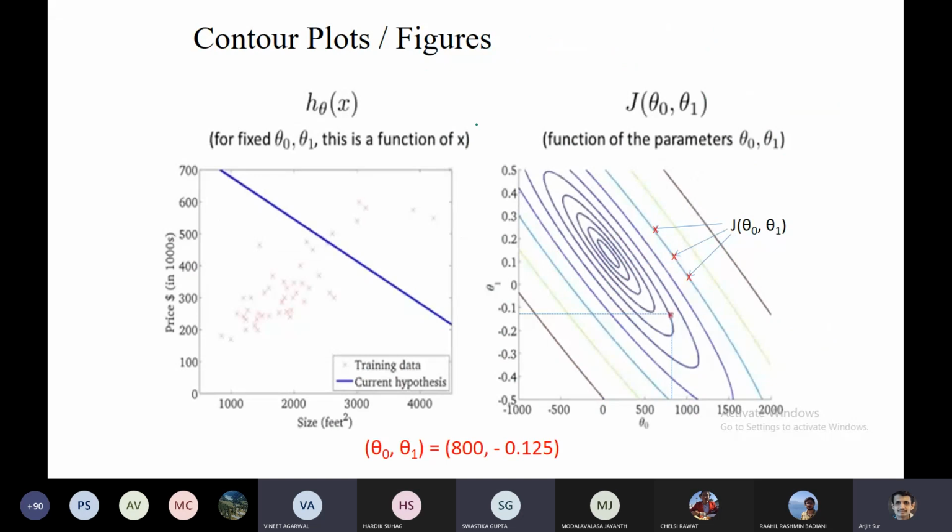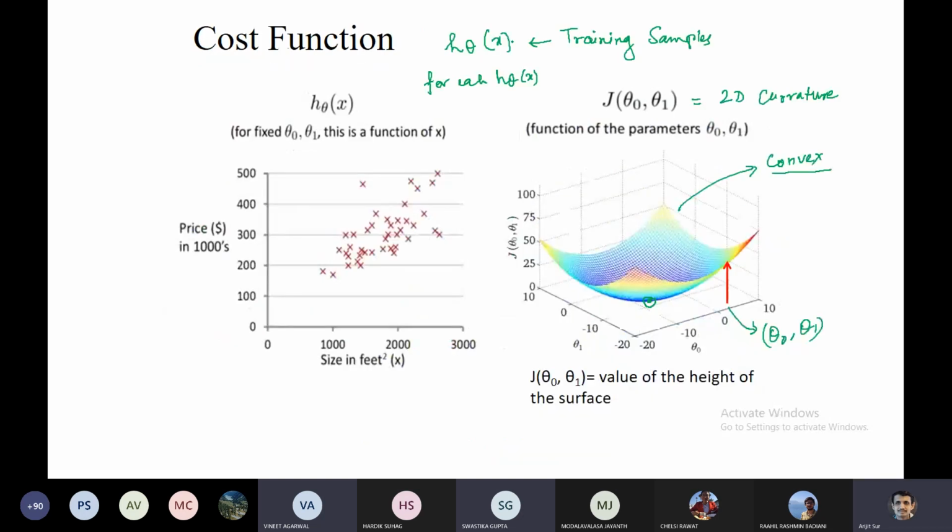Now, another important nomenclature is called contour plots. Basically, if I bisect this surface in this way, just bisecting it, what does that mean?